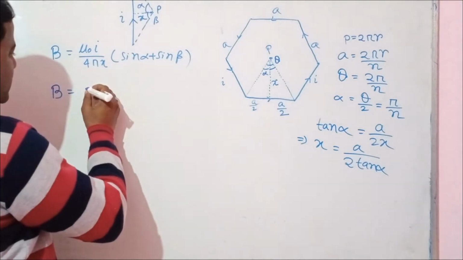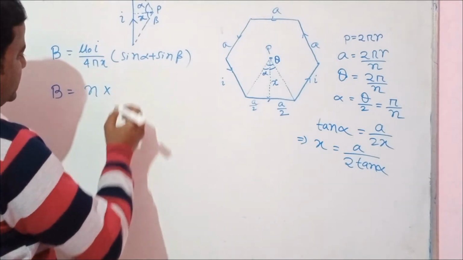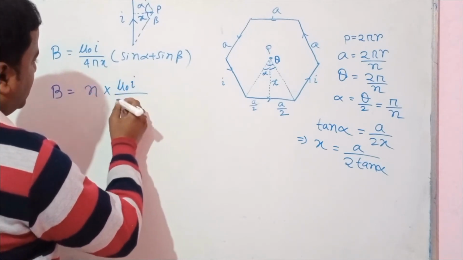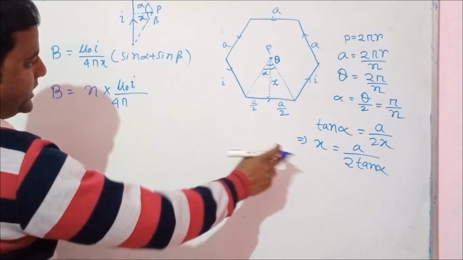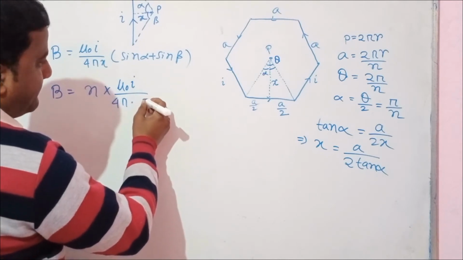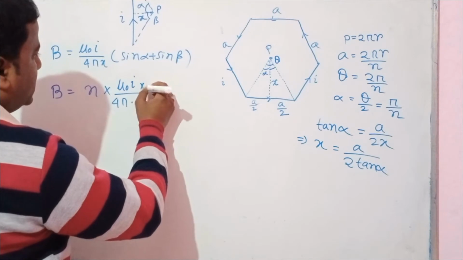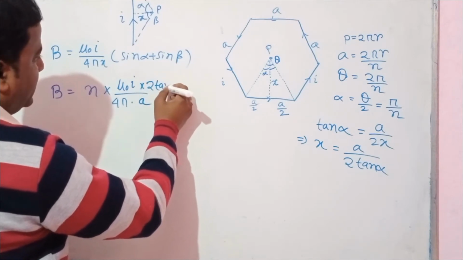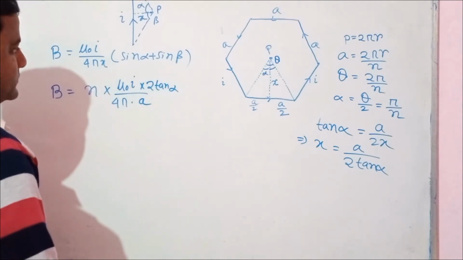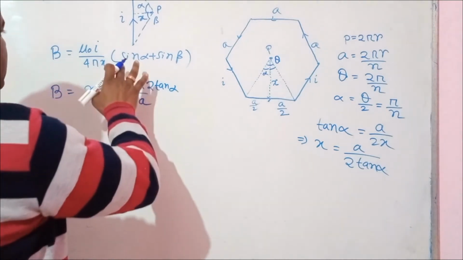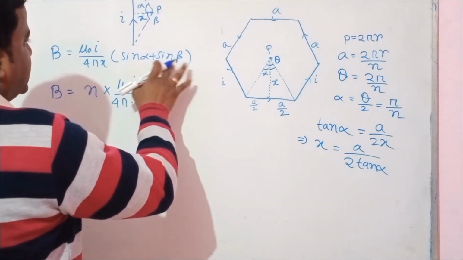Therefore B equals n into mu naught I upon 4 pi x, where x equals a upon 2 tan alpha, and sin alpha plus sin beta.